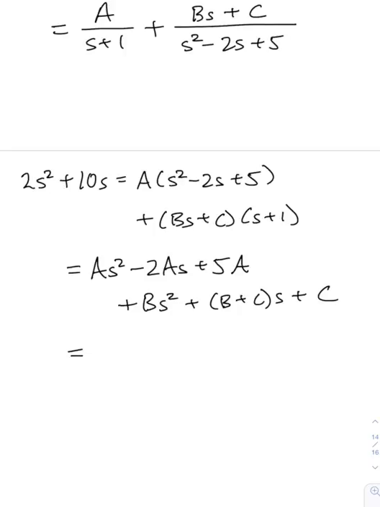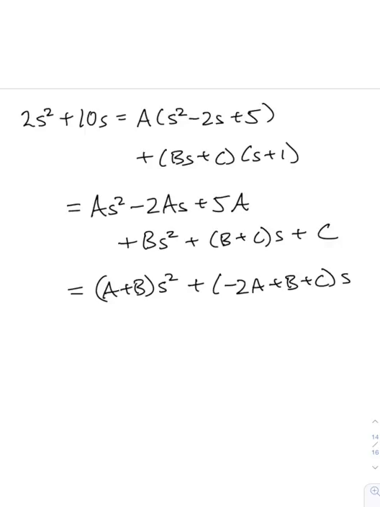Collect like terms, and I have A plus B times s squared. Then collect the A terms, and I have negative 2A plus B plus C times s. Collect the s terms, and that's what we get. And then collect the constant terms. So the constant is 5A plus C.